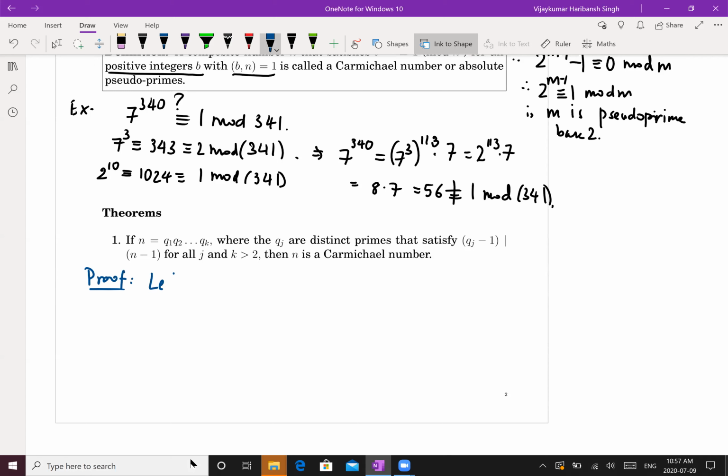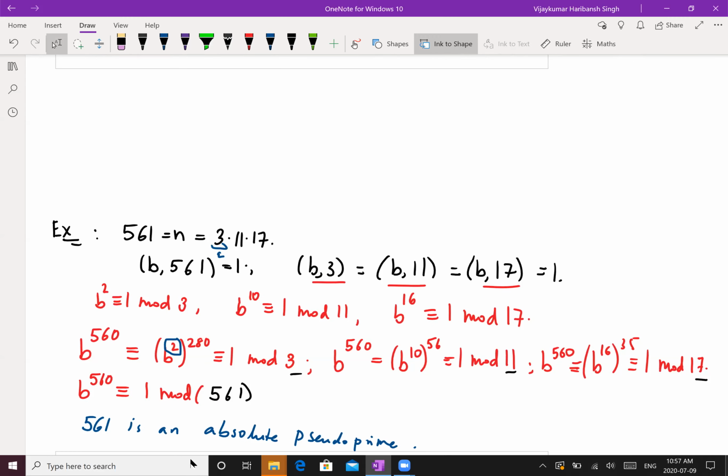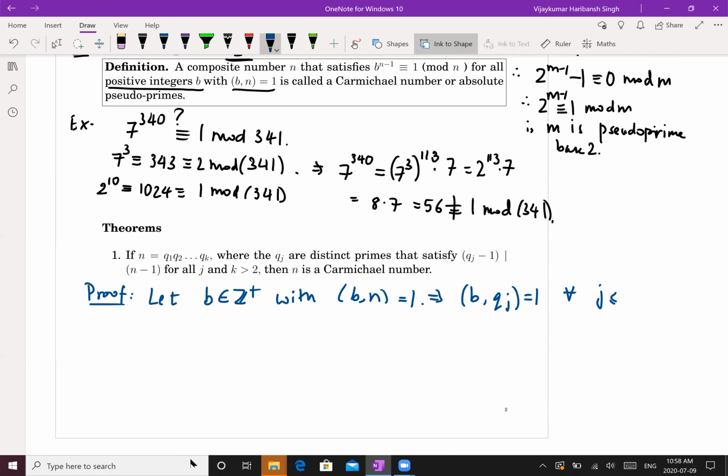So let b be any base. We are basically going to formalize this example into the theorem. Let b be any positive integer with b and n relatively prime. This means b and qj are coprime for all j from 1 to k.